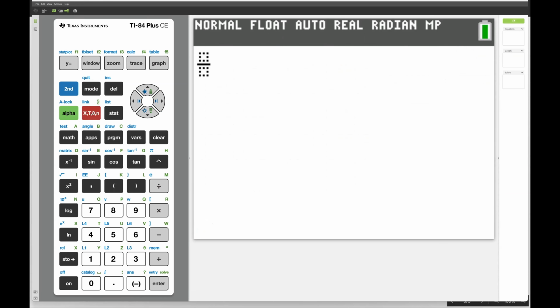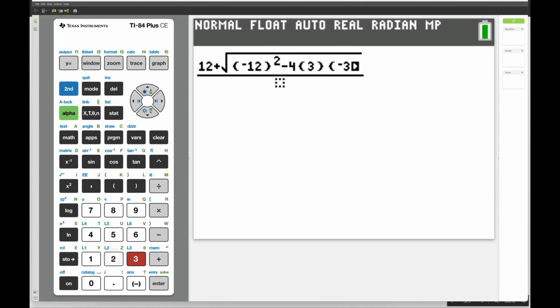So I'm going to get myself a fraction, and I'm going to say 12 plus the square root of negative 12 squared minus 4 times 3 times negative 32 all over 2 times 3.